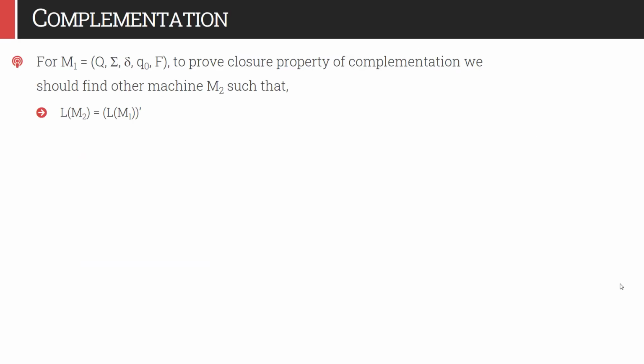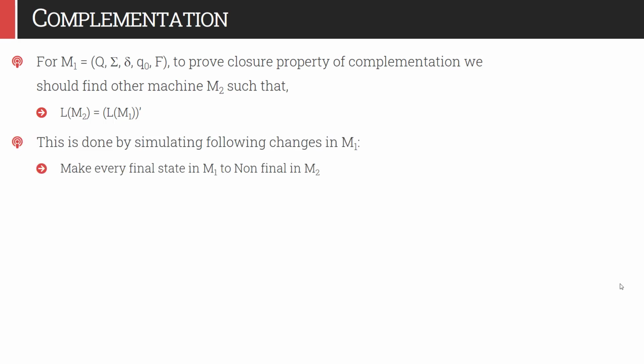The last one is the complementation operation. That is very straightforward and very trivial. How can we achieve it? For some machine M1, to prove the closure property of complementation, we should find another machine M2 such that L of M2 is the same as the complement of L of M1.